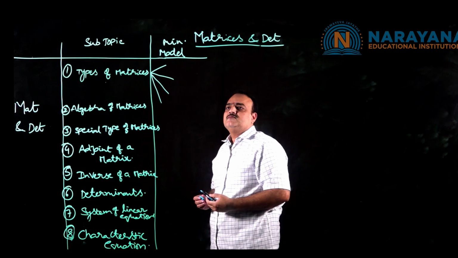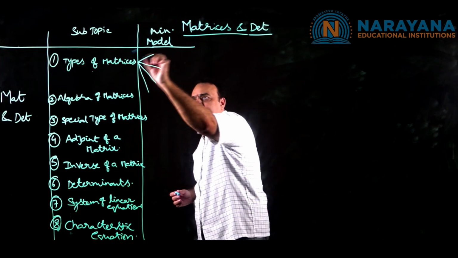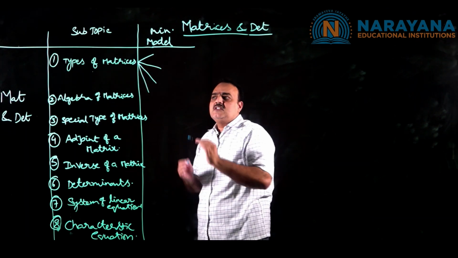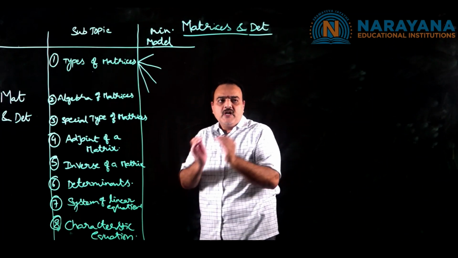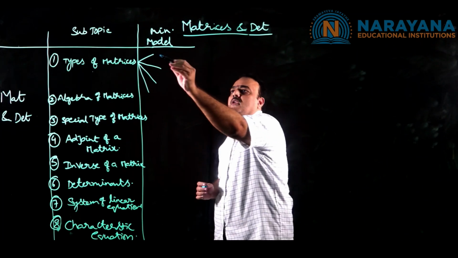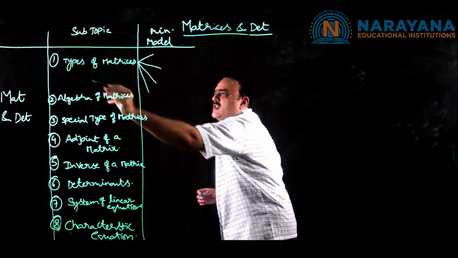After studying the theory of types of matrices, immediately switch over to the problems related to this subtopic. Then only you are perfect with that subtopic. Otherwise, you are not perfect at all.